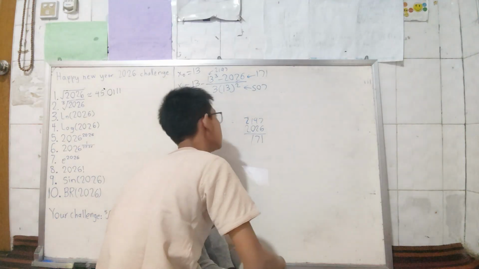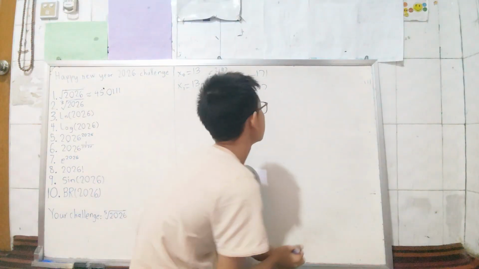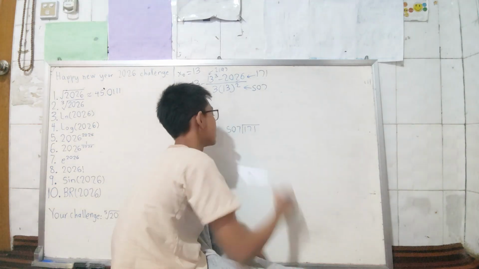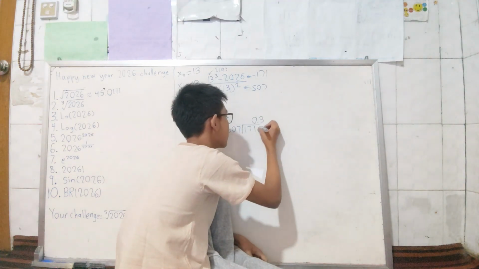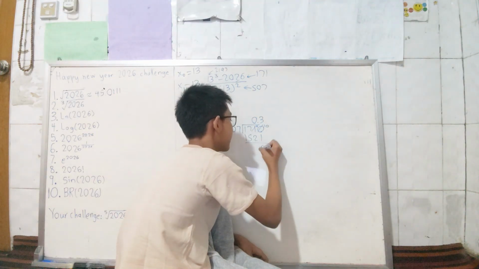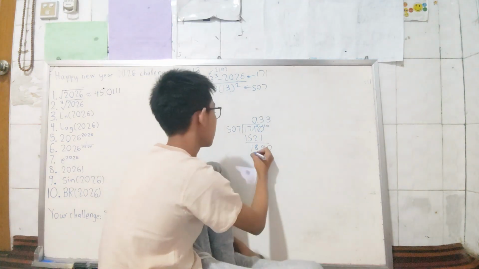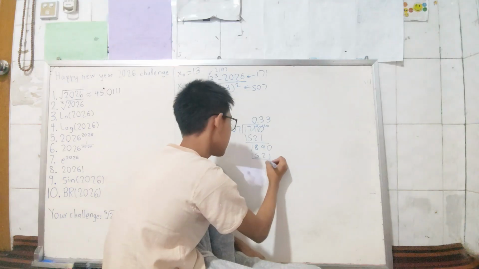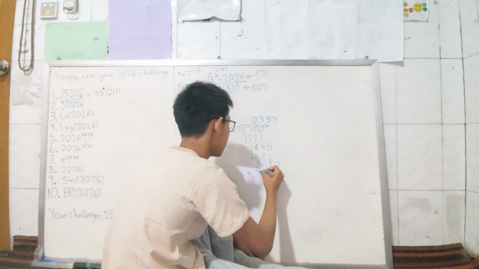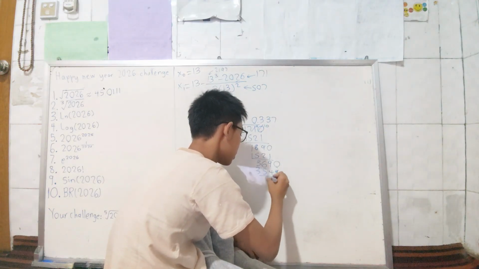So we're gonna divide two 3-digit numbers. That's gonna be 171 over 507. So 5 times 3 is 15, that's gonna be 21. If we subtract, we get 18. Then 0.3, again, that's gonna be 1521, and so on.